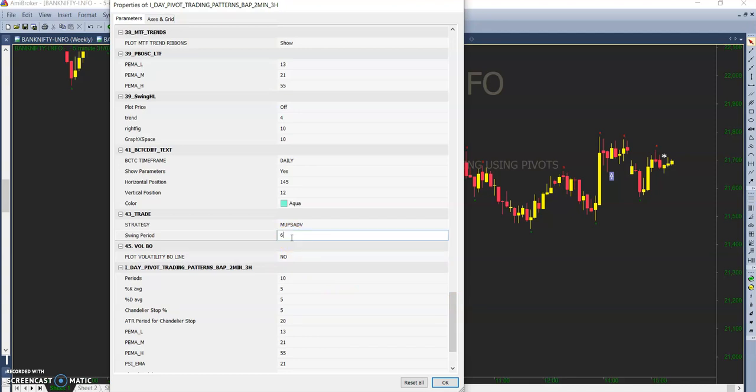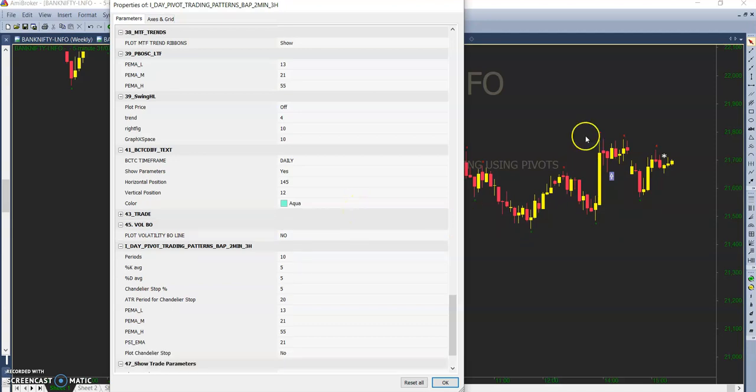And this is swing period. Swing period is nothing but these price action points. If you want to enlarge these price action points, you can increase this number so that it provides much wider price action points.